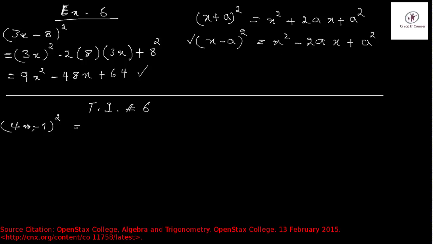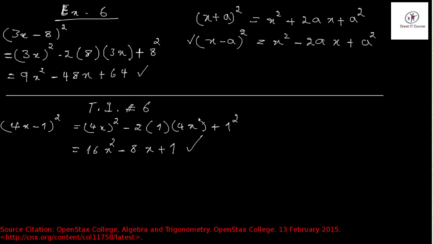So this would be x squared, which is 4x whole squared, minus 2ax, so minus 2 into a, which is 1, into x, which is 4x, plus a squared, plus 1 squared. So this is equal to 16x squared, minus 2 into 4 is 8, so minus 8x, and then plus 1. That is your answer.